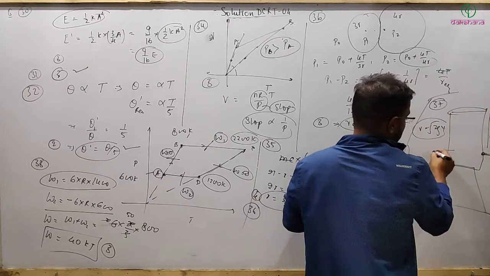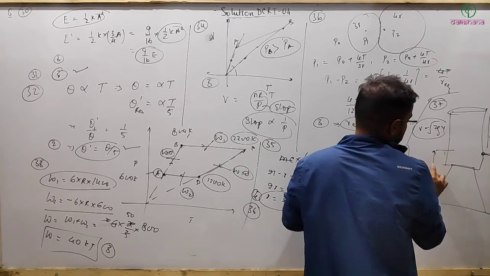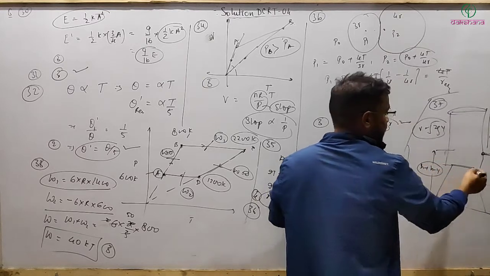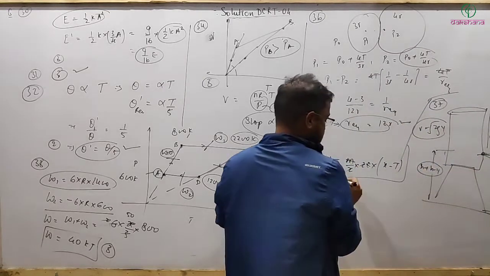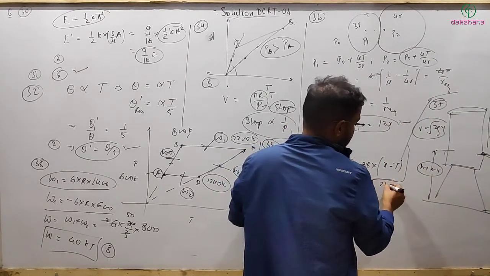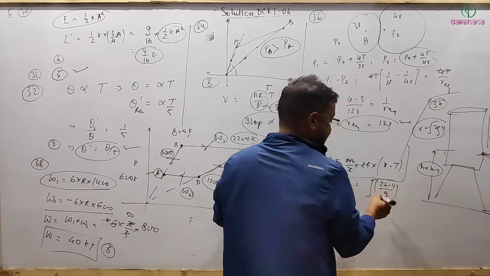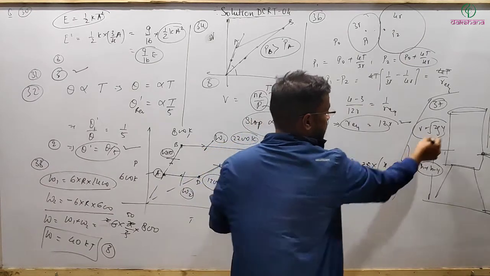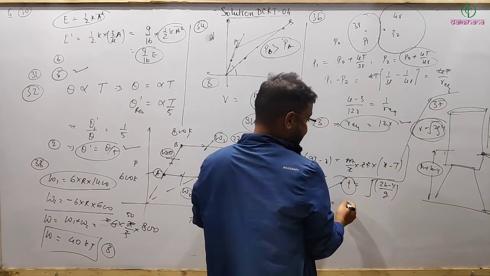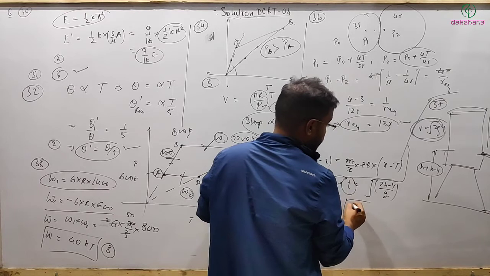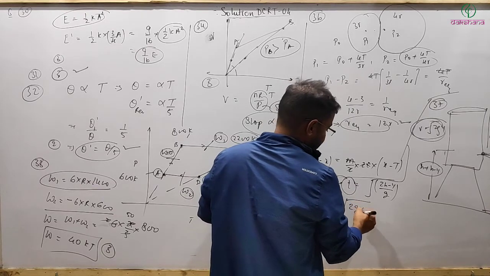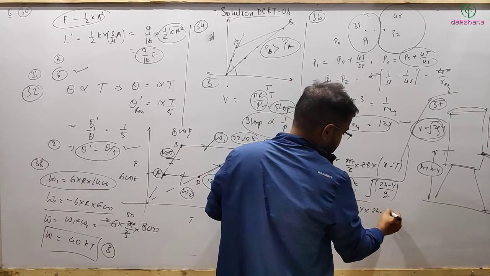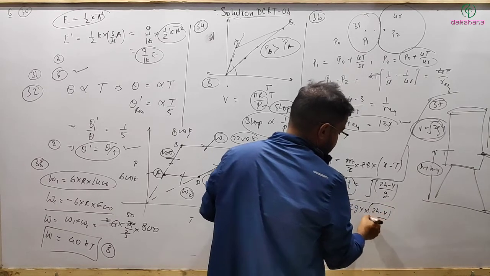This total height is h plus h minus y. Then time can be written as root over 2 times h minus y by g, and the range x will be equal to time multiplied by this velocity. That comes out to be root over 2gy multiplied by 2 times h minus y by g. g gets cancelled.